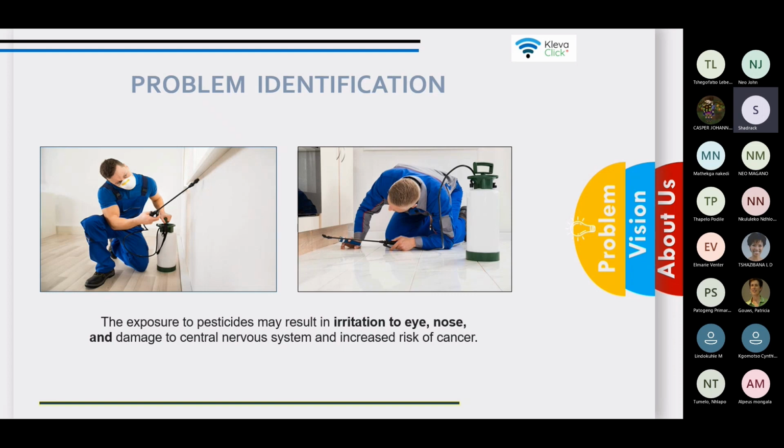Therefore, we identified another, parallel problem, which is the pest control industry. I don't know if we are aware that long-term exposure to the chemicals used in pest control can cause serious damage such as cancer and many other diseases.